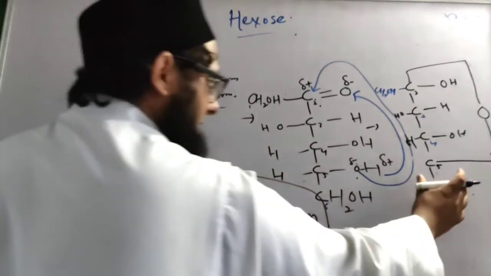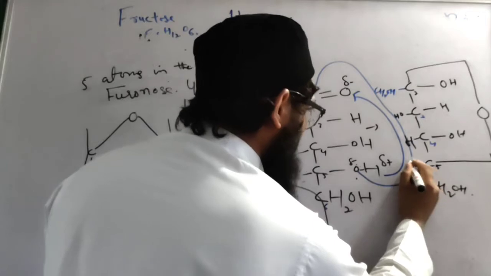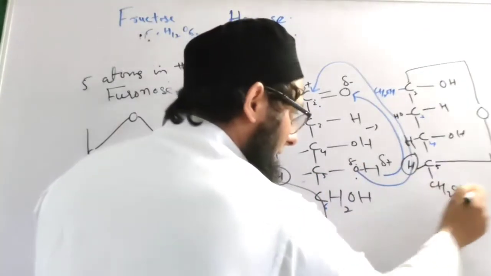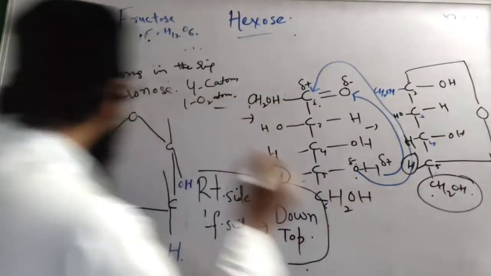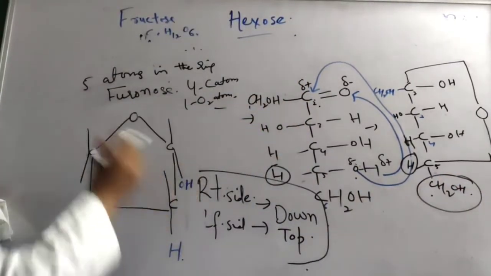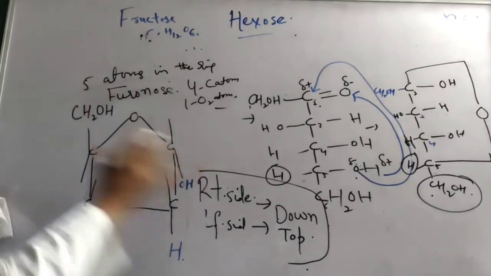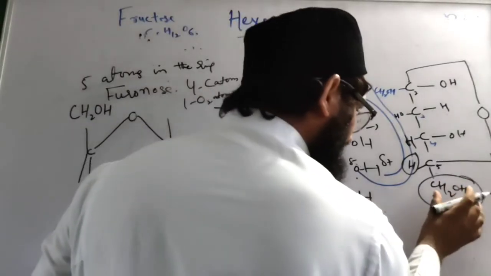Remember, at carbon 5, we also have H. At carbon 5, we have this CH2OH, which is carbon 6. It's always written on the top. This is an exception. This is to be remembered.